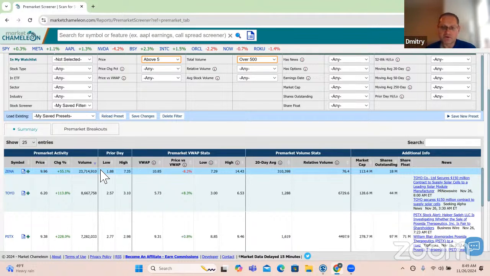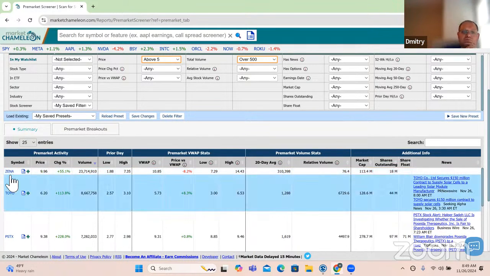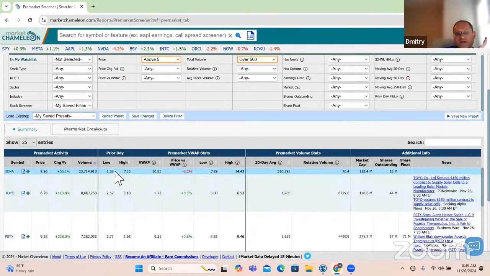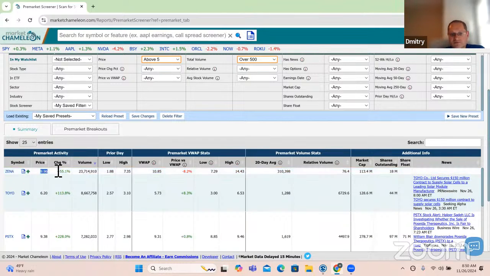it could be up a little bit, down a little bit, but it's within the previous day's range. If it's above or below it, this will be easy to detect, meaning it broke out of its previous day's range. You can see here, this particular stock had a huge range yesterday between $1.88 and $7.35. It's trading at $9.96, indicating that even though it's up 55%, let me see here.